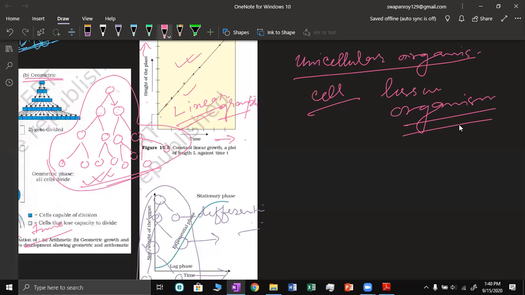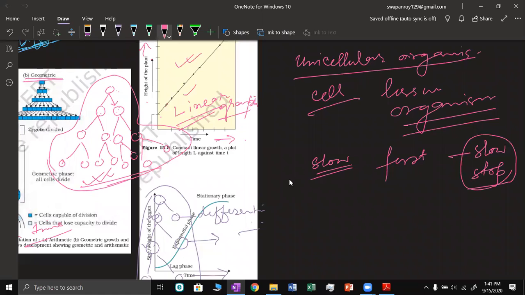And what happens in this geometric growth is that initially the rate of growth is slow, but gradually it becomes very fast, and then again it becomes slow or stops.